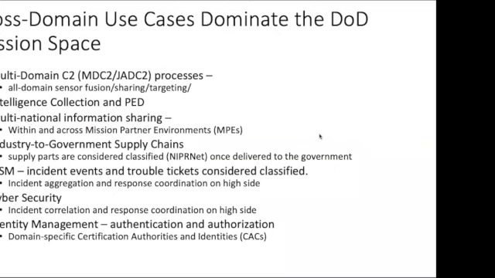In fact, cross-domain is, I would say, the big elephant in the room when it comes to the mission space and the DoD. There's essentially no really relevant mission that takes place without crossing one or more security domains. This list here shows just a sampling of some of them at the highest level, starting from the top, multi-domain command and control.